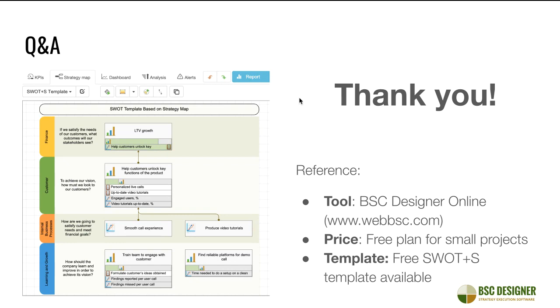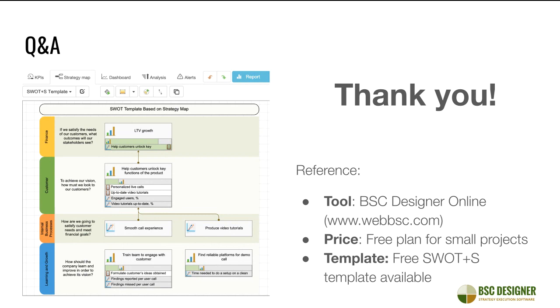And a few thoughts about what we have used during this video. The tool that you saw, this map and this panel, is from BC Designer Online. You can sign up with a free account on this platform, and it's free for small projects.